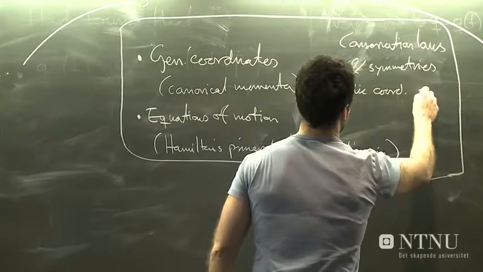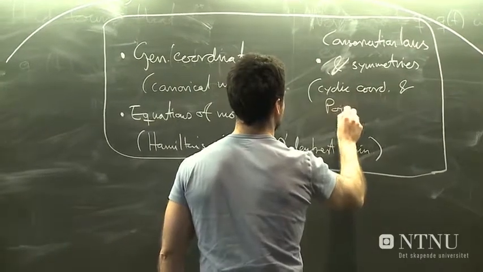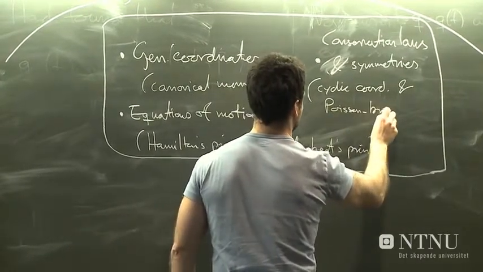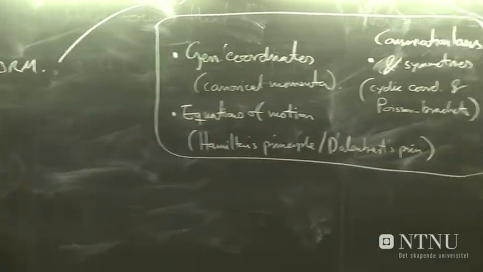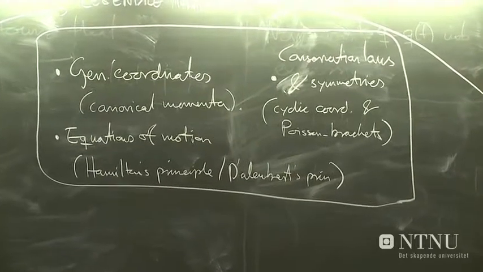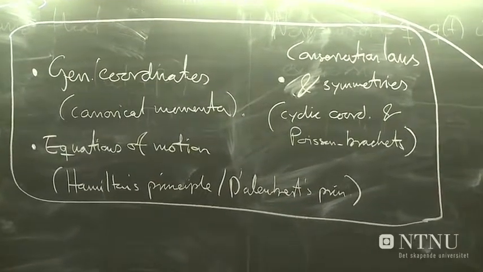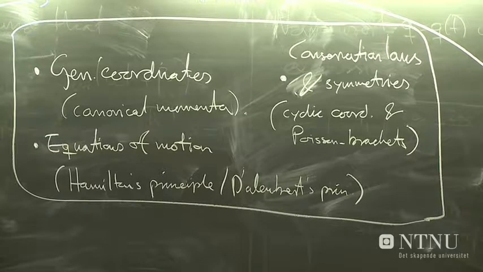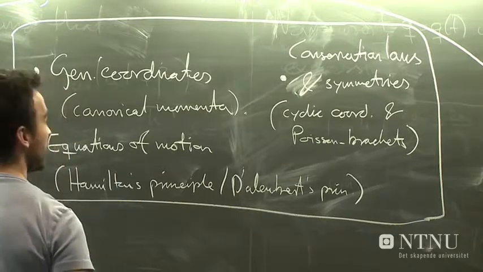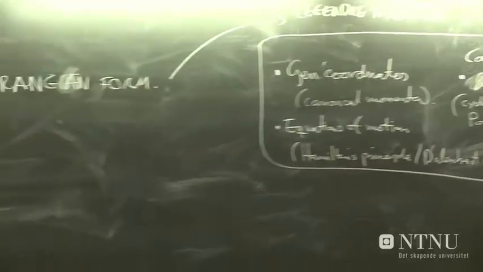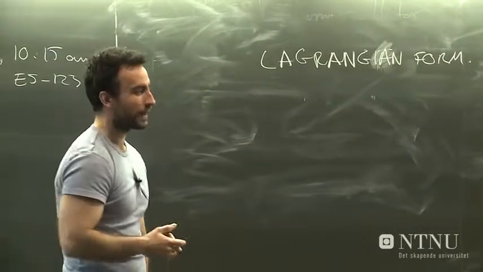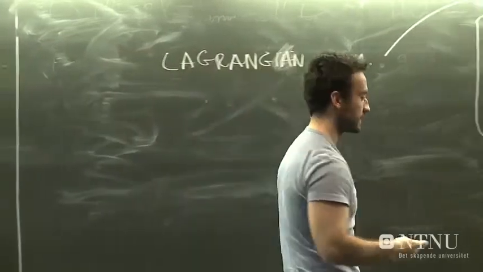And we also discussed Poisson brackets in terms of making a statement about whether or not a physical quantity F is conserved. Okay, so this is sort of the framework, the skeleton of both of these formalisms. And we've had a look at a number of applications.